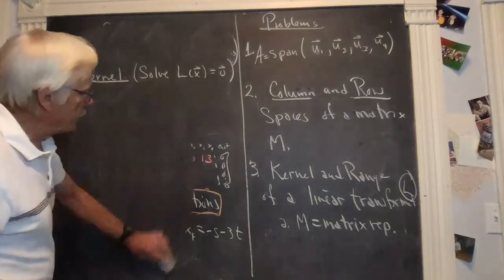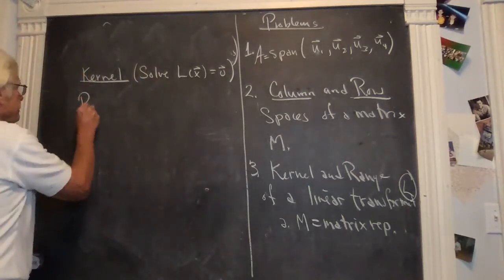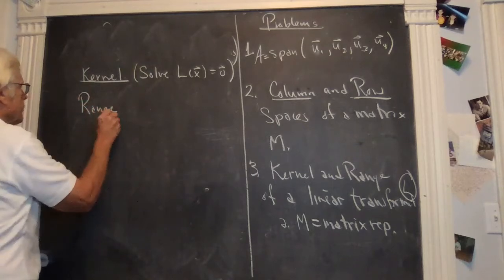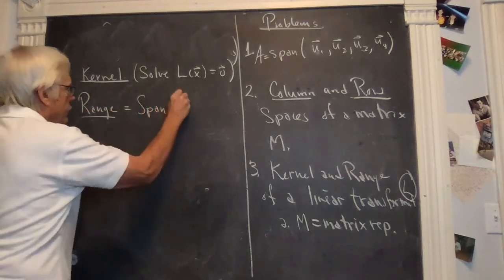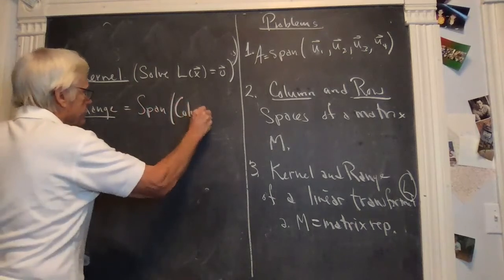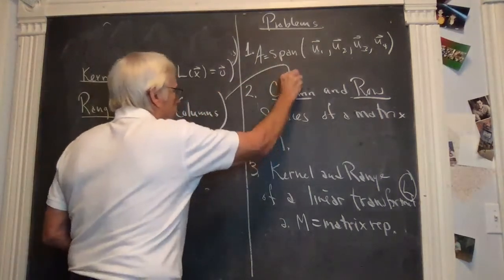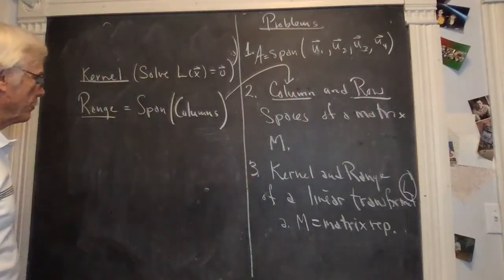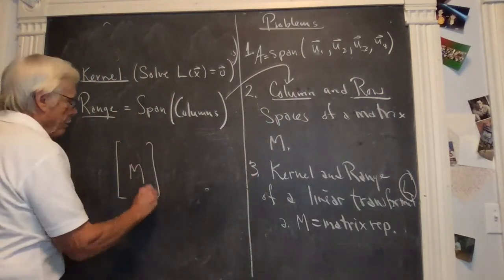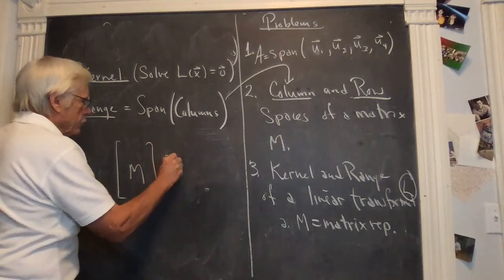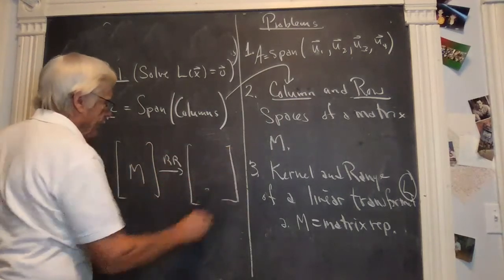The fact that finding the range uses the same process is what's confusing. The range in this case is the span of the columns. Oh yes, so the range is the same as the column space here. So again, you take the same matrix M, you row reduce, but now you treat everything as a vector.